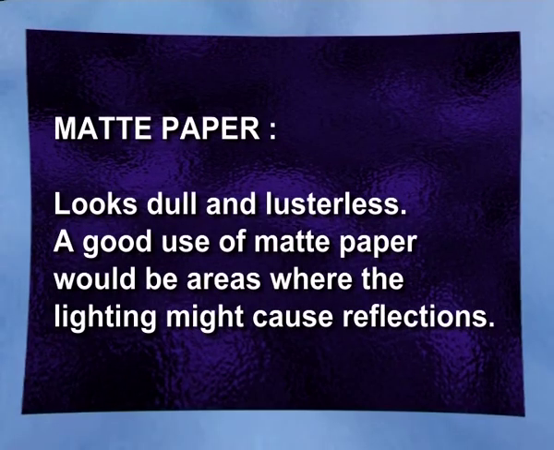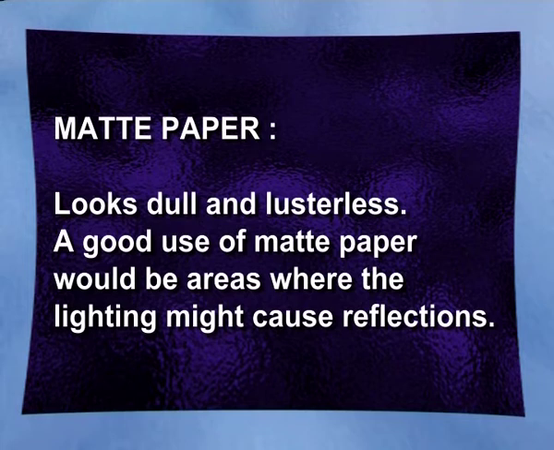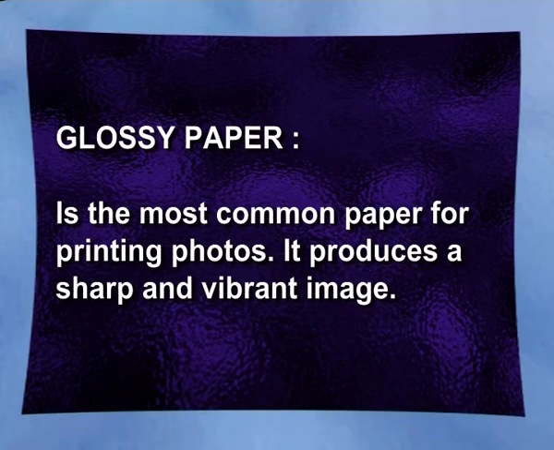Now let us quickly discuss different types of papers commonly available for printing. Matte paper looks dull and lusterless. A good use of matte paper would be areas where the lighting might cause reflections. Glossy paper is the most common paper for printing photos.